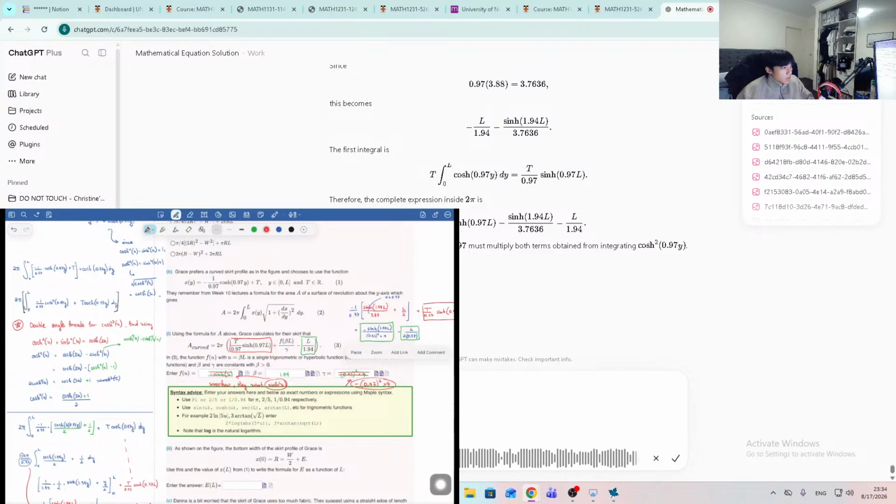The thing that's bugging me is why there's a sinh function times a cosine function times a cosh function.